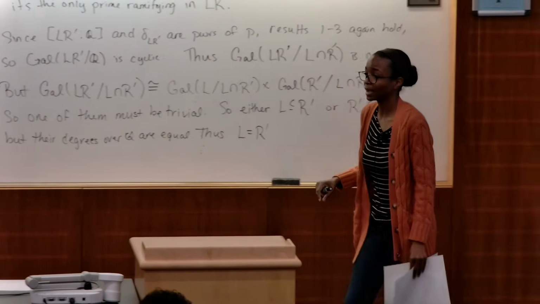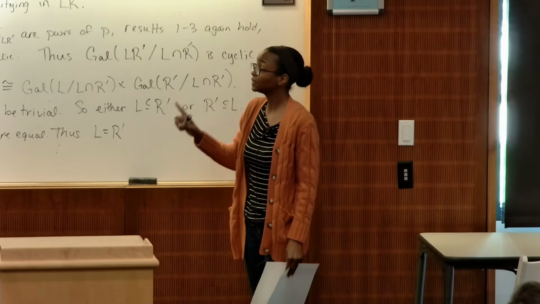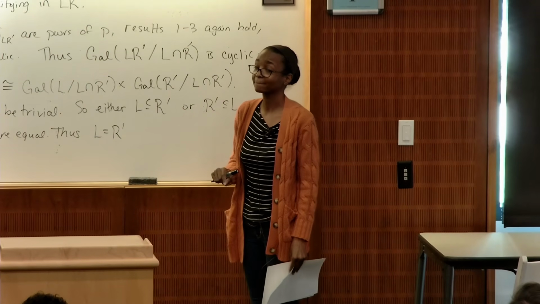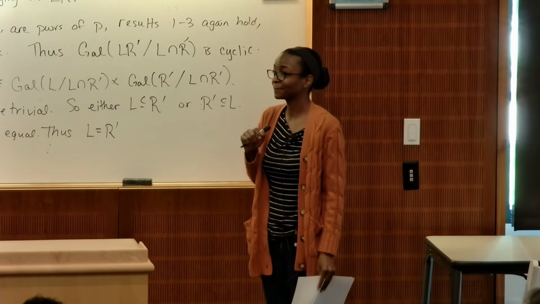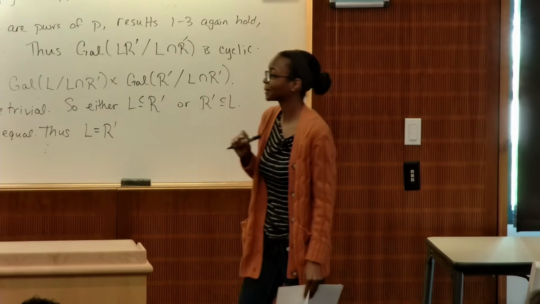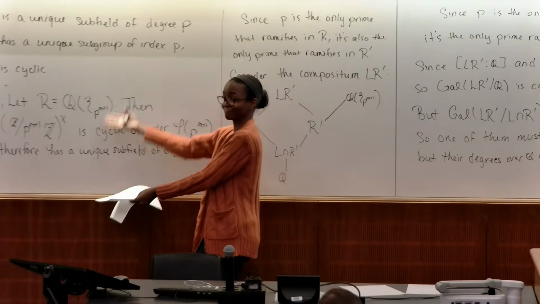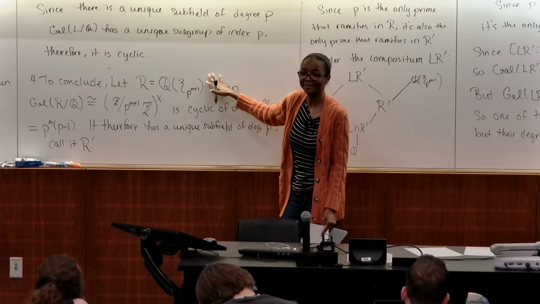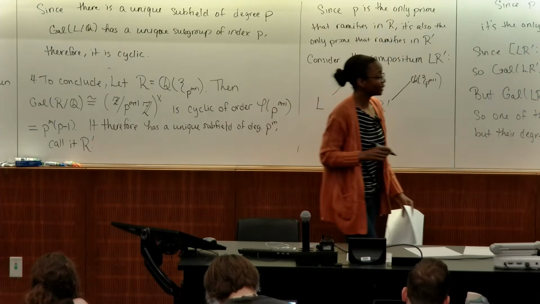Because what was R prime? R prime was not just a random extension of degree p to the m. Which field did I explicitly choose R prime to be in? Look, all the way back over there. I chose it to be inside of a cyclotomic extension. And I've just explained to you why L is the same as R prime.